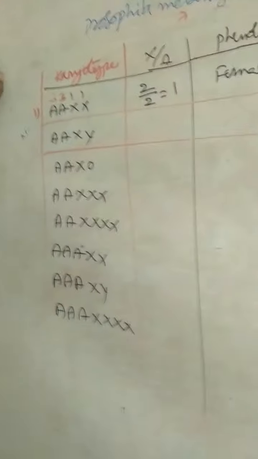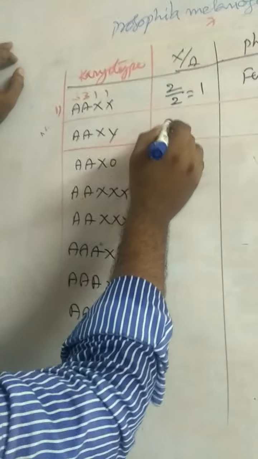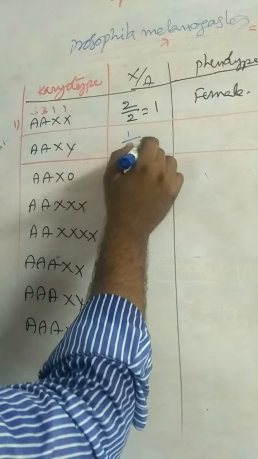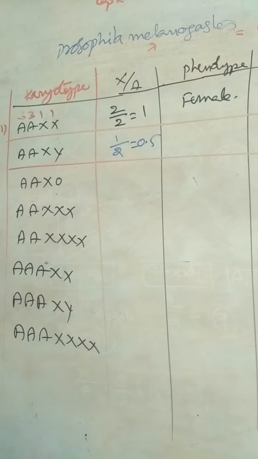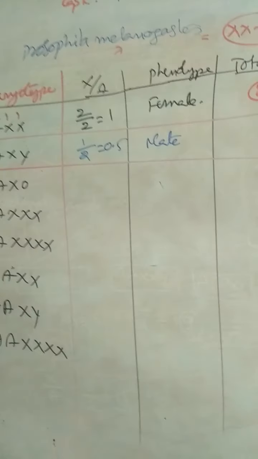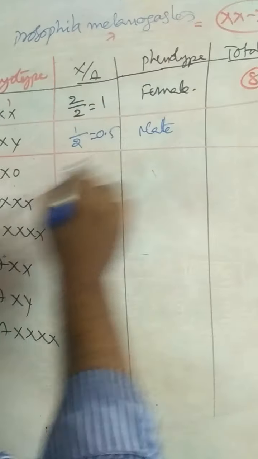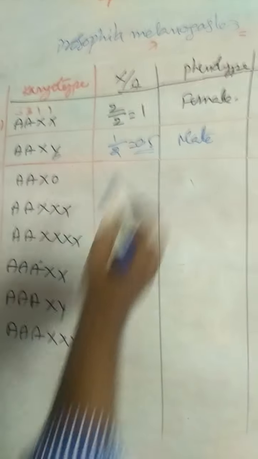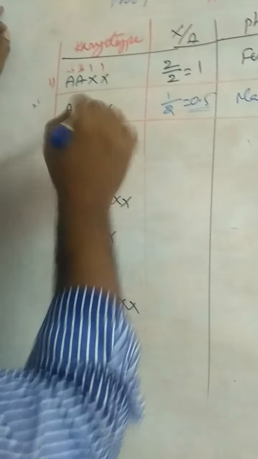And second combination. In the second combination, number of X chromosomes 1 by number of sets of autosomes 2. Value 0.5. So it is a male, fertile male due to the presence of Y. If X by A ratio is equal to 0.5 and Y also there, that is fertile male.